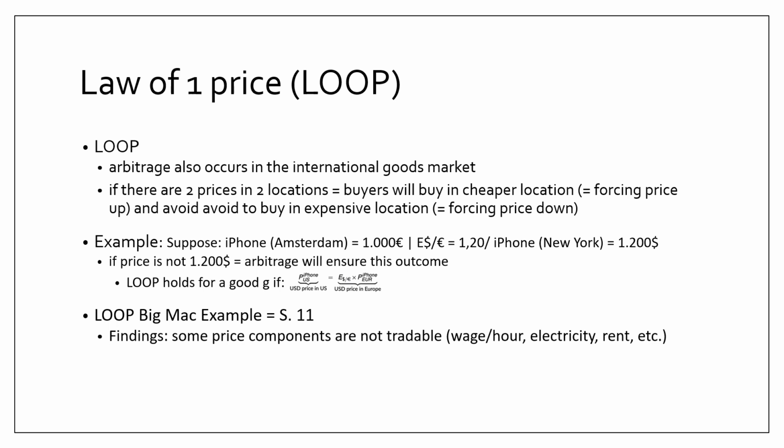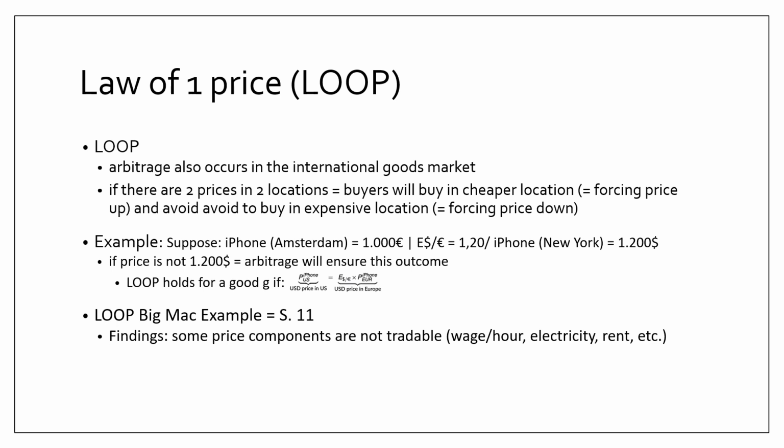Some price components are not tradable, like labor, rent, electricity, etc. Types of goods for which the LOOP holds pretty well are commodities, like gold, oil, or luxury consumer goods, like Rolex watches.